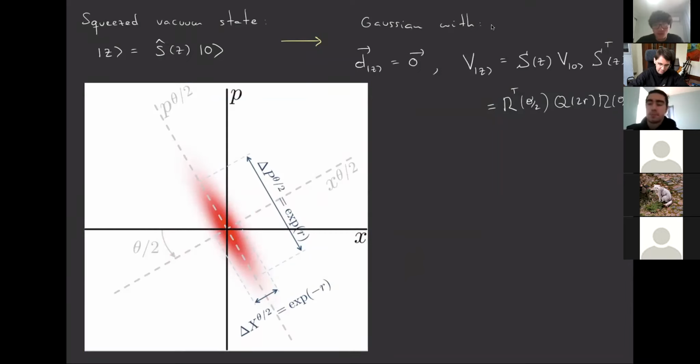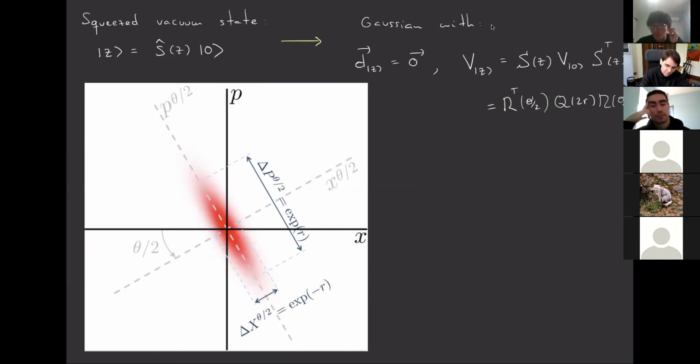So we see that in the p direction, the variance is the exponential of 2r, so the uncertainty is the exponential of r. And in the direction of x, the uncertainty will be the exponential of minus r.